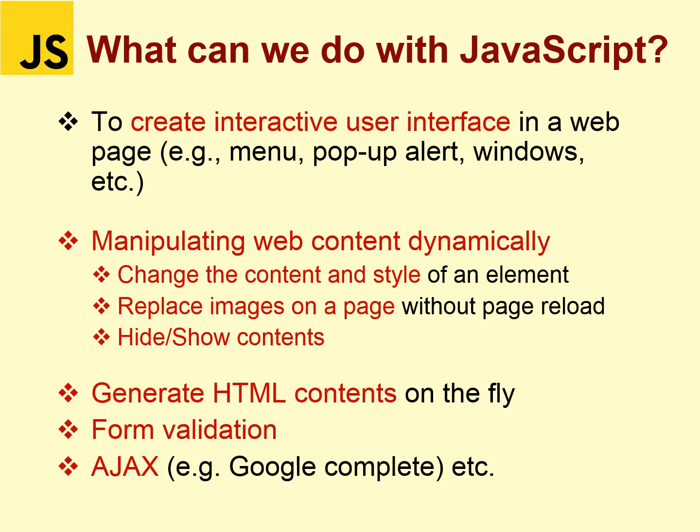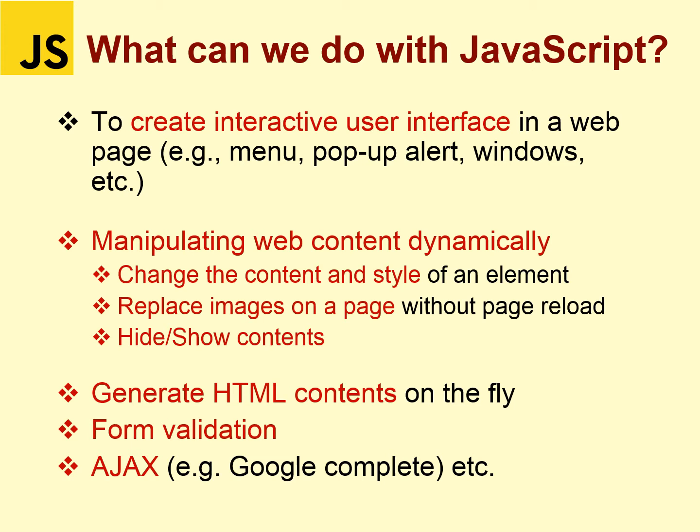Now we can see what we can do with JavaScript, or what the features of JavaScript are. JavaScript is used to create interactive user interfaces in a web page. For example, we can create menus, pop-ups, alert boxes.